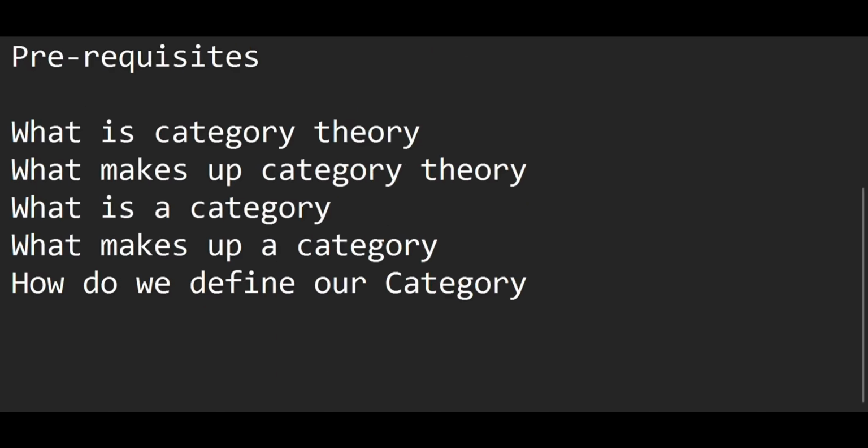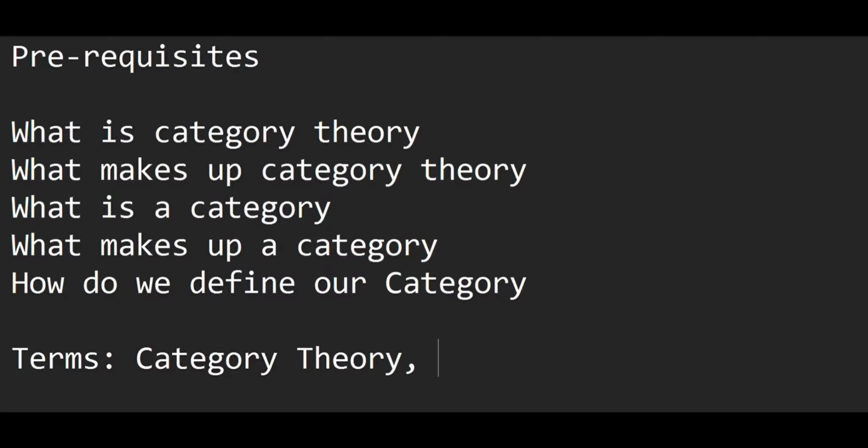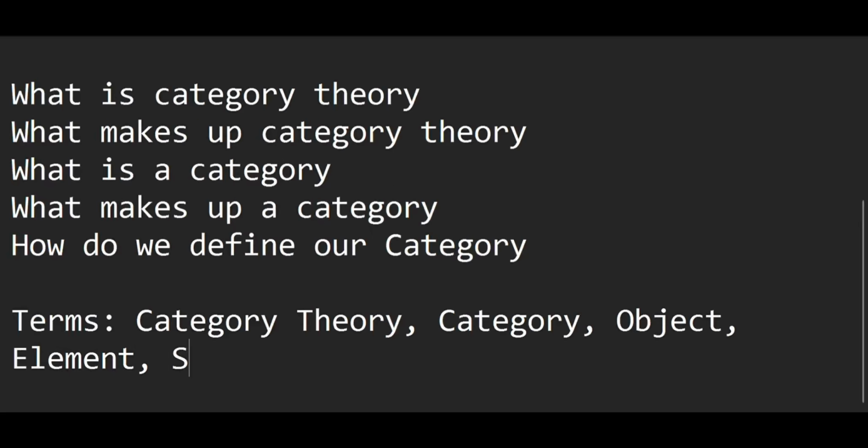Okay? So here are the terms for today's lesson. I'm going to type them out, but please feel free to pause if you want to write them down on your own. So we have category theory, we have what a category is, what an object is, element, the sub prefix.